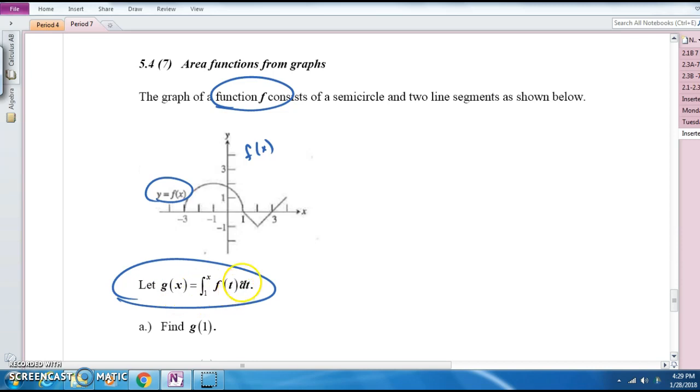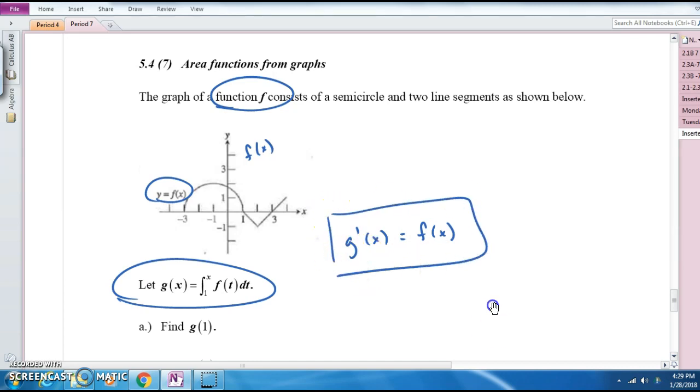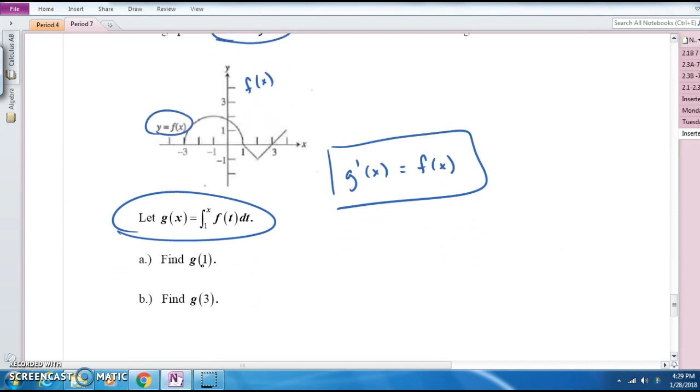Therefore, one of the things you're going to want to understand is that g prime of x is equal to f of x. That is using the fundamental theorem of calculus. G of 1 is going to be the integral from 1 to 1 of t with respect to t, and that is 0.